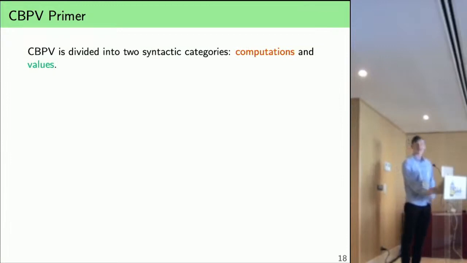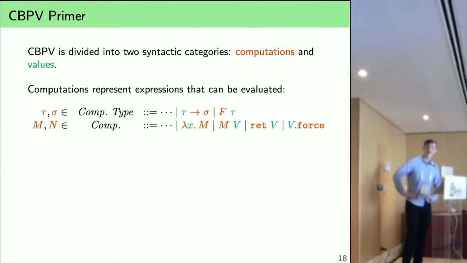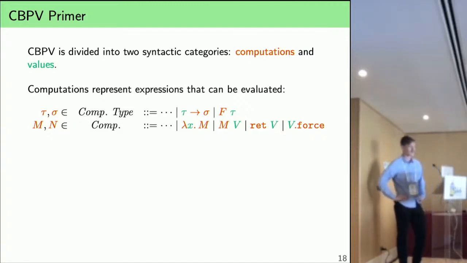It's divided into two syntactic categories, one for computations, which we have in orangish red, and values, in greenish blue. Computations are things that can be evaluated. So we have functions, applications, returning values, and forcing thunks.